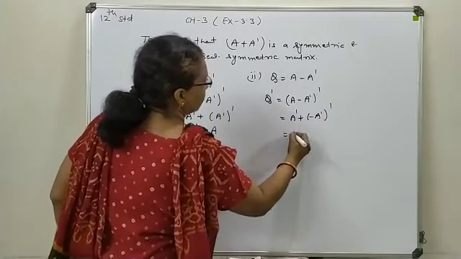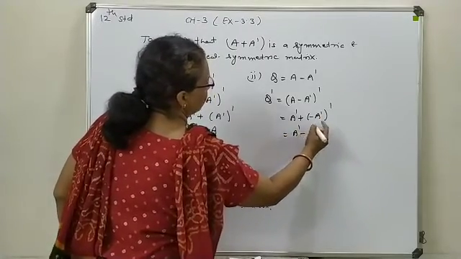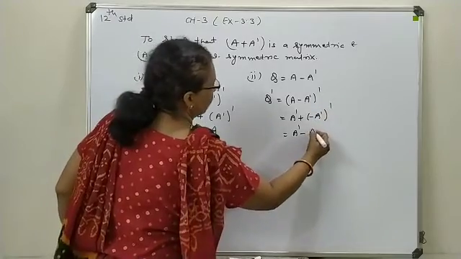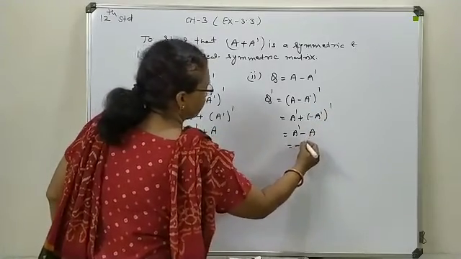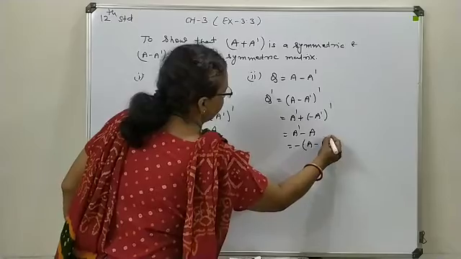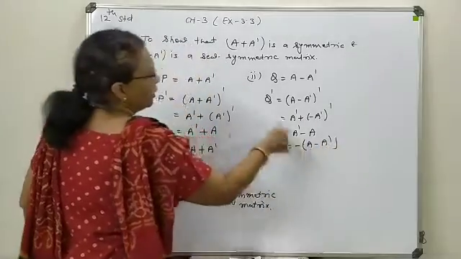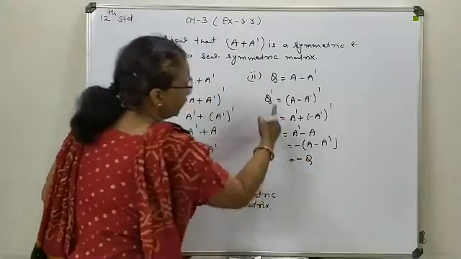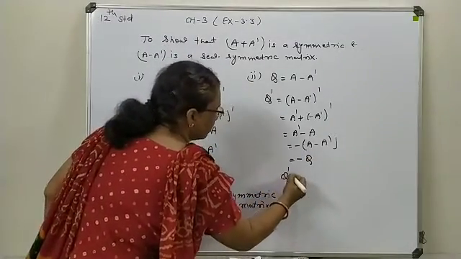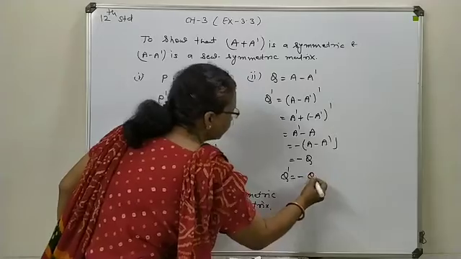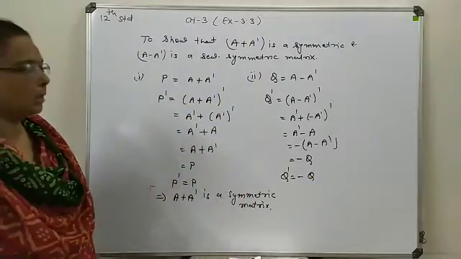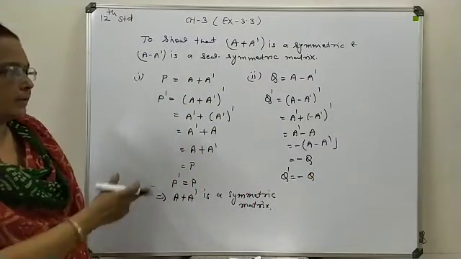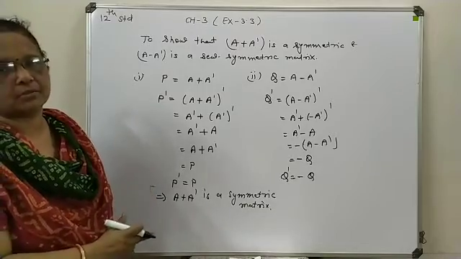So it will be A dash, minus will come out, and again the transpose of a transpose will come as A. Taking the negative sign common, it is minus of A minus A dash, which is your original Q. So make it replaced by Q. Now here you can see the transpose of Q is evaluated as minus Q. So this satisfies the property of skew symmetry.